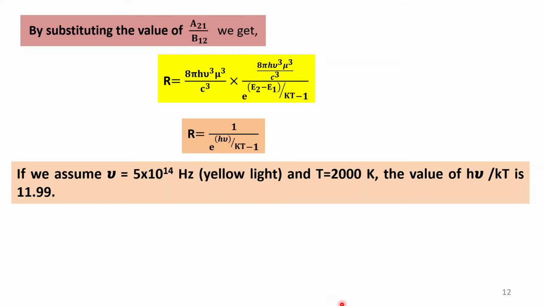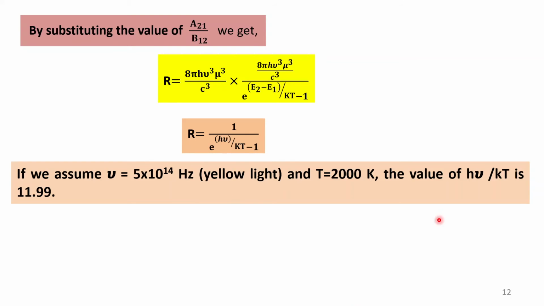Now if we consider the frequency of the incident radiation to be yellow light, then nu is equal to 5 into 10 raised to 14 Hertz at the temperature 2000 degrees Kelvin.